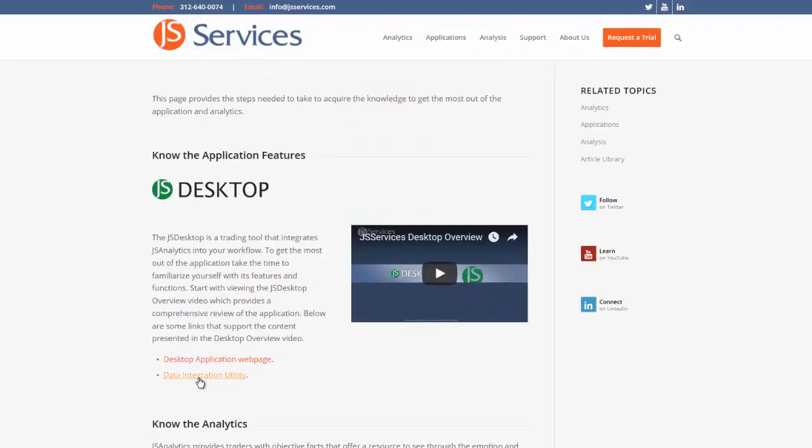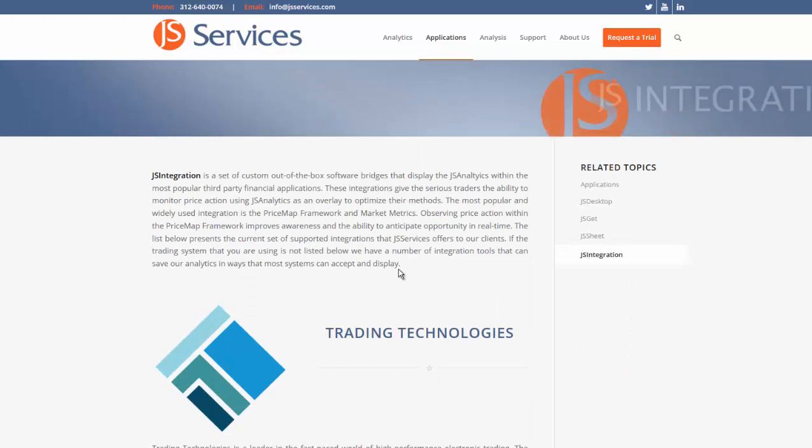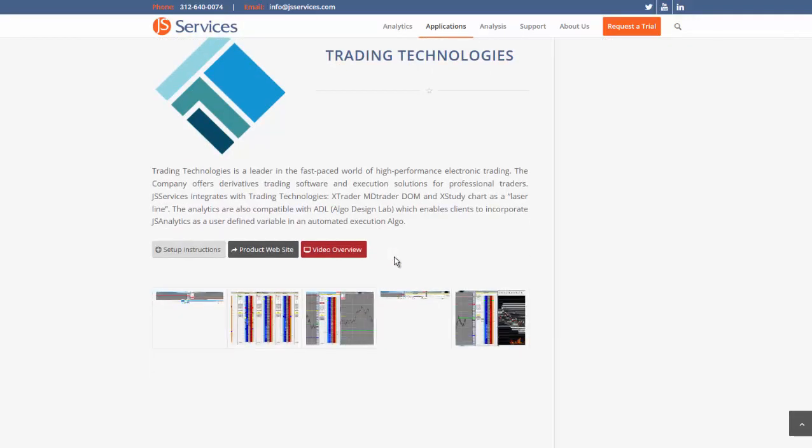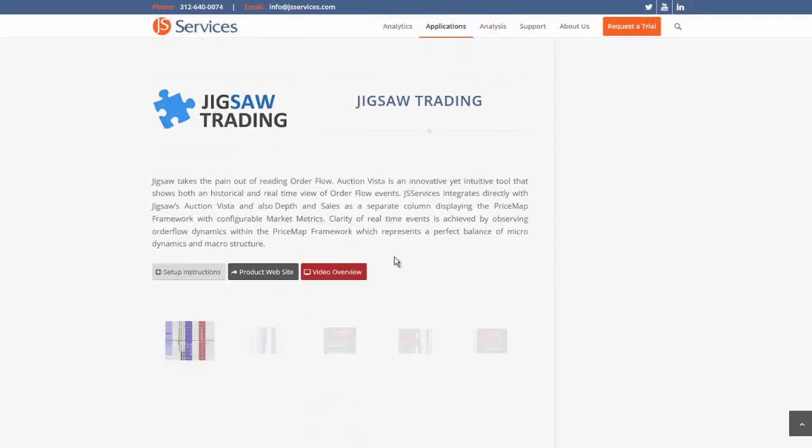The desktop does include a data integration utility, which produces XML, CSV, Excel, and JSON files that can be used to integrate into trading platforms and charting platforms. To view a list of current integrations, you can go to Applications, JS Integrations, and this will go over some of the different integrations that are currently available.